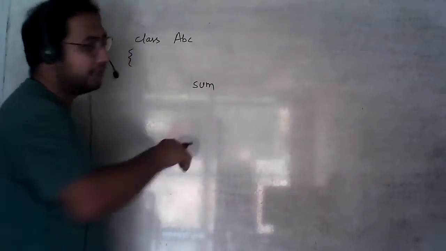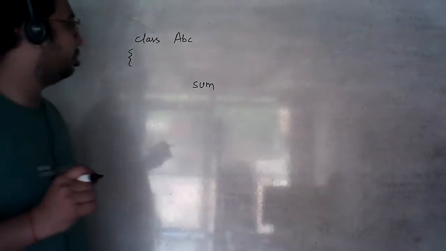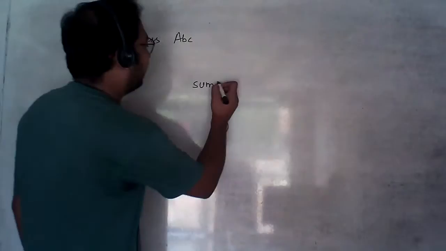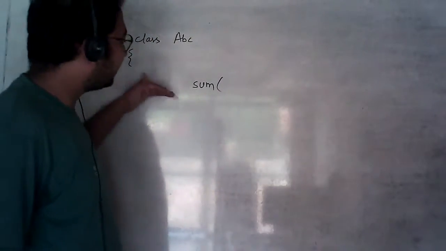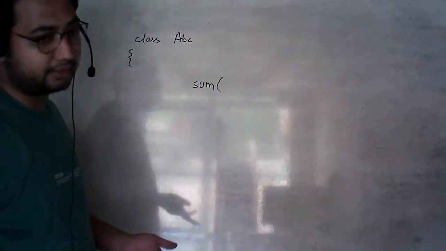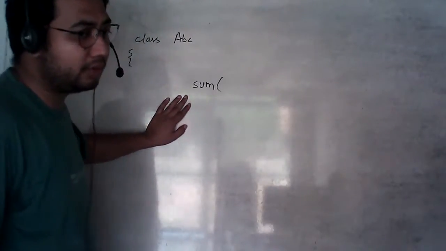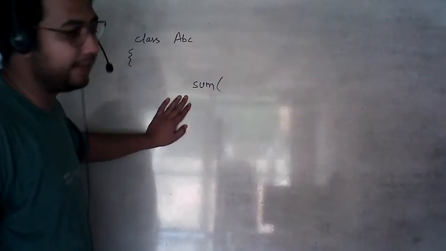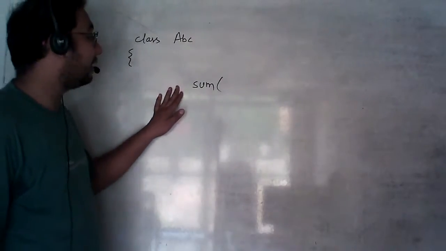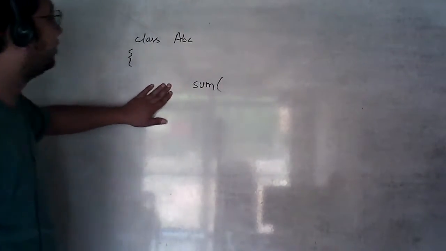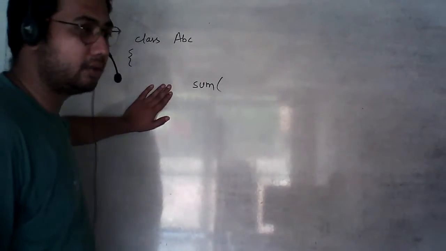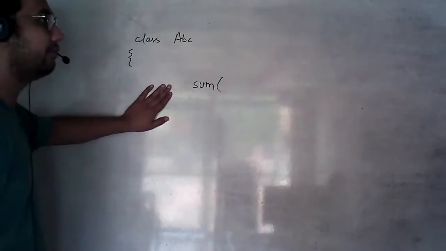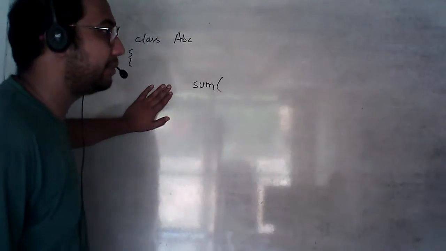But before declaring a function, you must be aware of the return type of the function. Will it return something or will it not return anything? If you want to return some value, then you must use the particular return type, which type of value you want to return. If you want to return a float type of value, then the return type must be float.